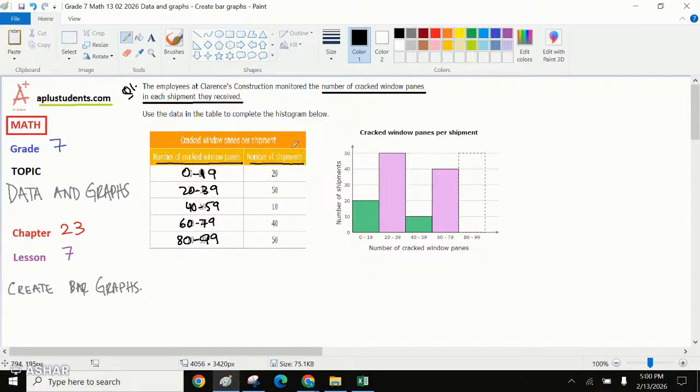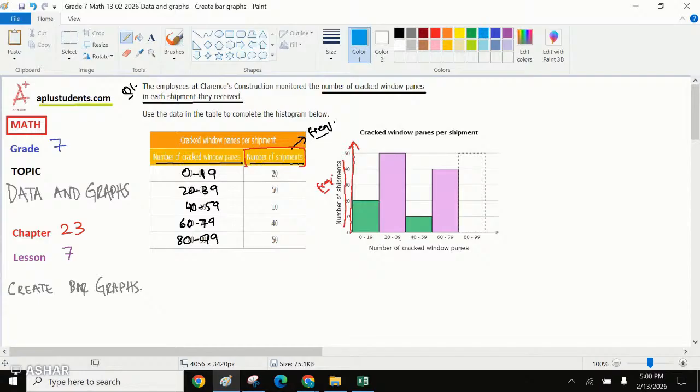This is known as the frequency. Frequency shows us how many times this is happening. What we can see over here is we plot the vertical axis as the number of shipments, or the frequency.